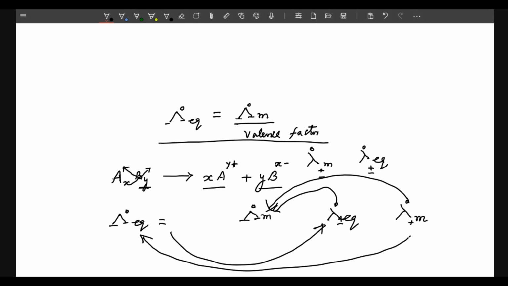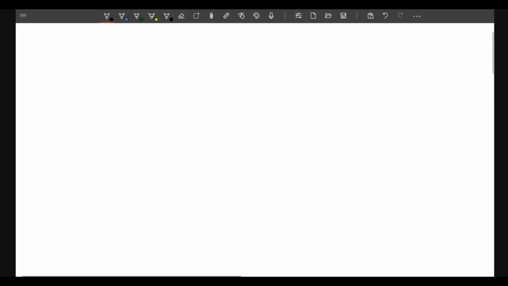Or using the molar conductance, you are asked to calculate the equivalent conductance. Therefore, four different types of problems are there, but all of them can be easily solved by one method. I am going to give you the general molar conductance, and making use of this, you can easily calculate. First, we will calculate lambda naught molar conductance, then lambda naught equivalent conductance.